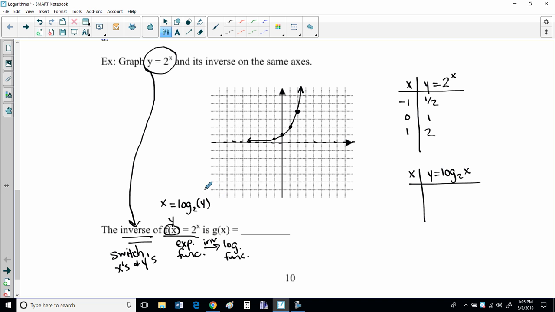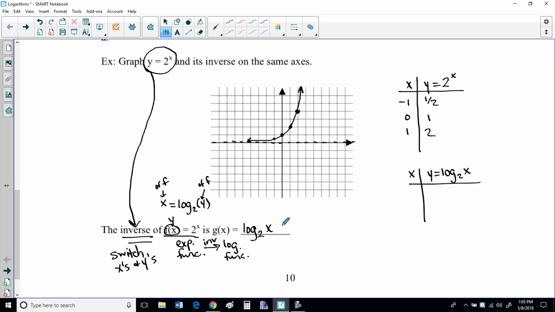This is the y value of the original, so of f. And this is the x value of f. But now when we have g, g is a whole new name, so its input is now x. So it's still log base 2 of x. I know that can be confusing to students because they're like, wait, I thought we switched x and y.